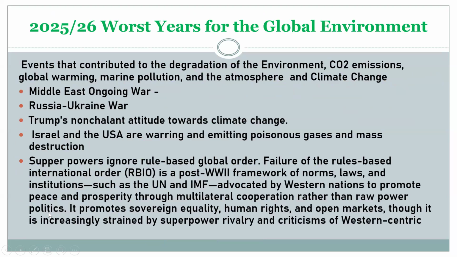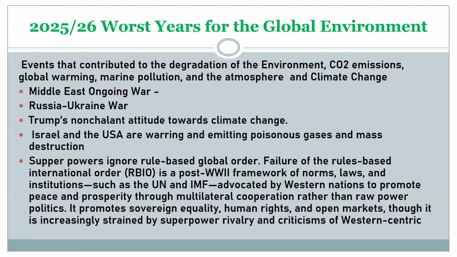That is because we are now experiencing a number of wars, CO2 emission, global warming, marine pollution, and atmosphere and climate change. Middle East ongoing war, Russia-Ukraine war, then Trump's nonchalant attitude towards climate change. Trump doesn't believe there is climate change.